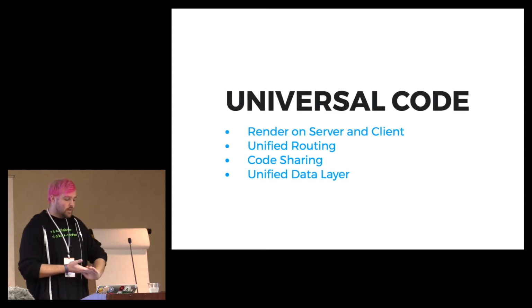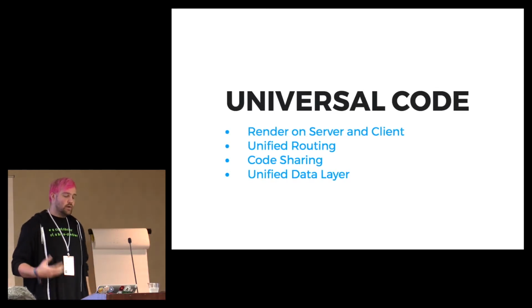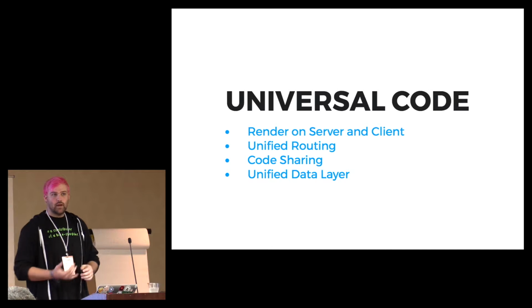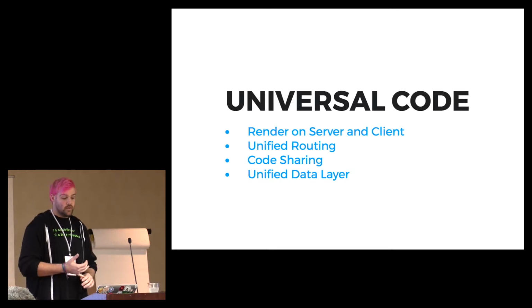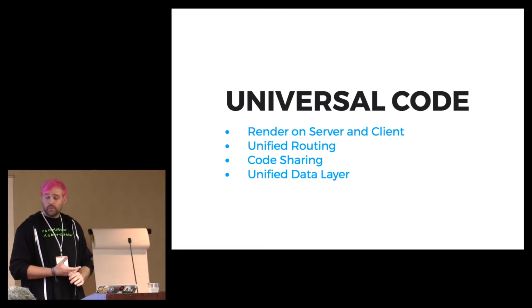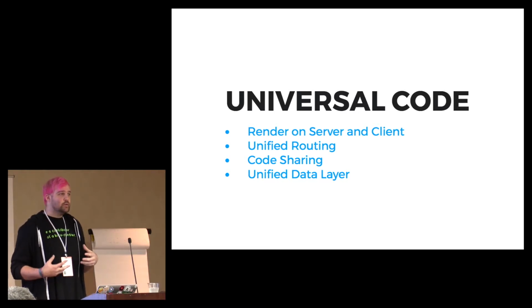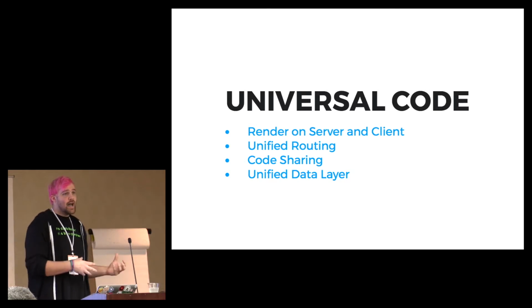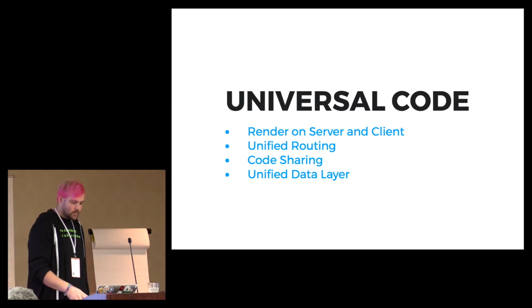If we talk about universal apps and the code that goes into them, there are four main concepts here. One is that you have to have a render function on the server, and a render function that's supported on the client. The other is you really want a unified routing solution so that when you build your app, you don't need to know whether it's running on the server or not.